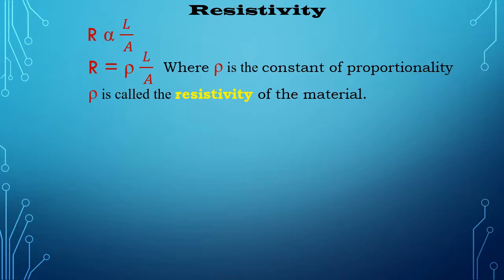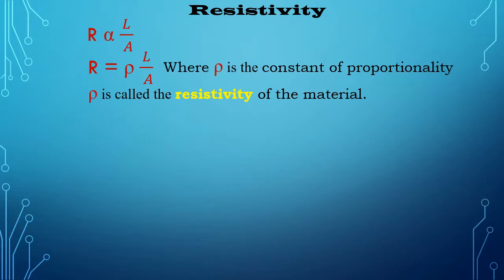Resistivity is a specific property of a material and different materials have different resistivity. Resistivity is useful in comparing various materials on the basis of their ability to conduct electric currents. High resistivity designates poor conductors.